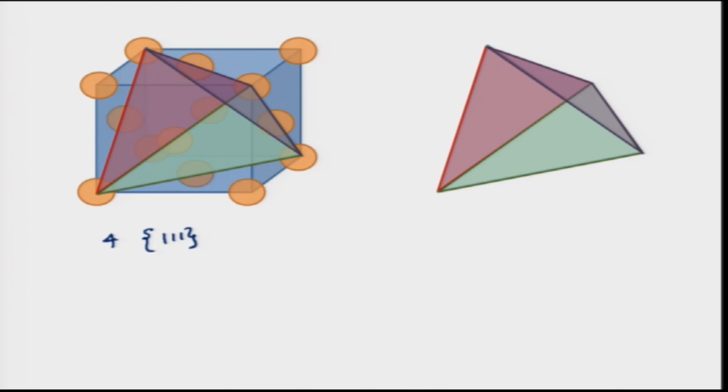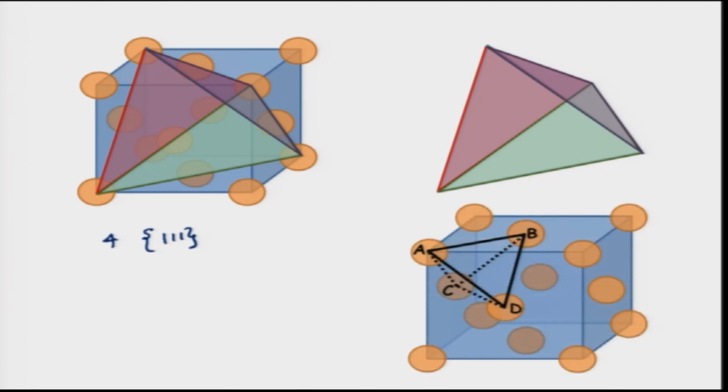So, this tetrahedron is, you can say, a gift for us in that we are able to see all the 111 planes, and the corners of this triangle are giving us the 110 directions. So, all the possible 111 planes, and all the possible 110 directions in that particular plane, can be identified using this tetrahedron.